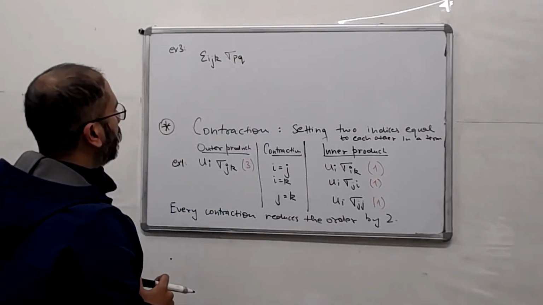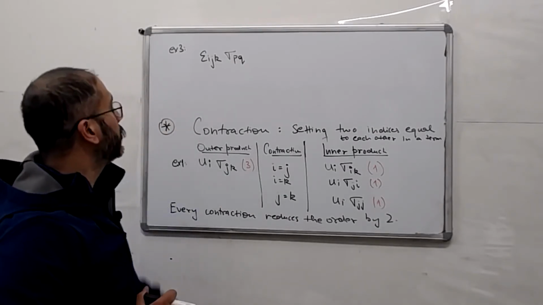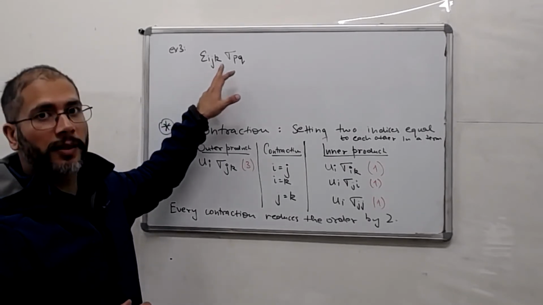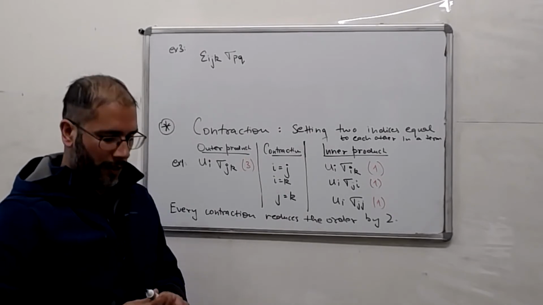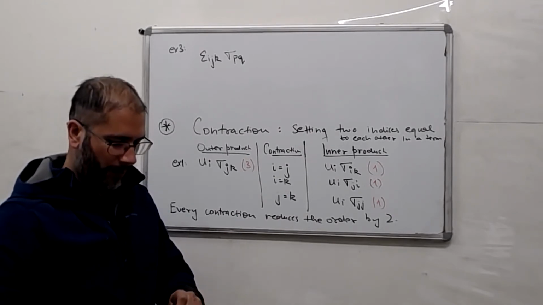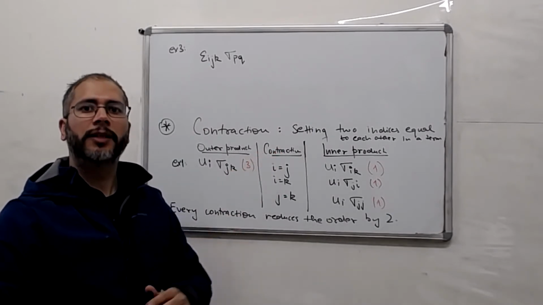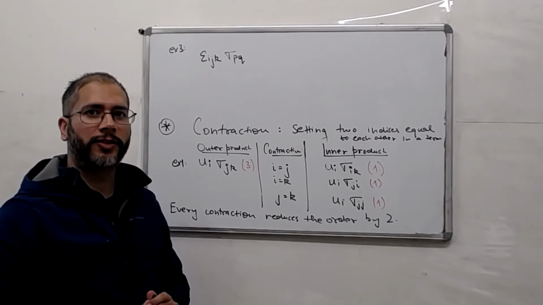Okay, so you have taken the outer product of epsilon and sigma. Now epsilon, as you can see, also has 3 indices. Earlier the epsilon, the permutation symbol that we were talking about, epsilon ijk is simply one of the scalar terms in the epsilon, but you can think of epsilon by itself as a third order tensor.